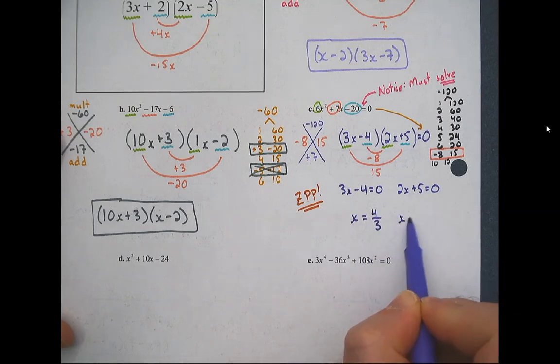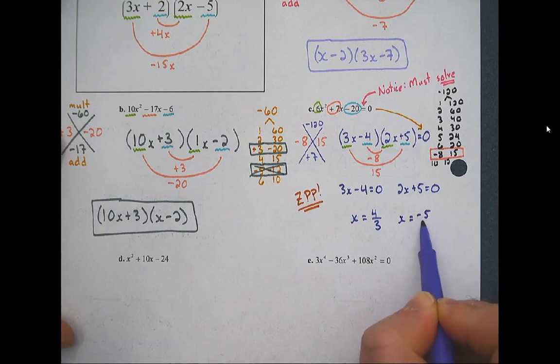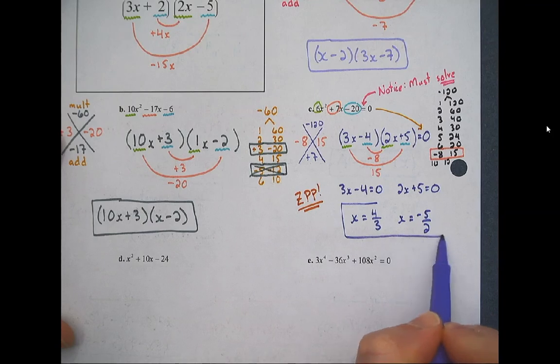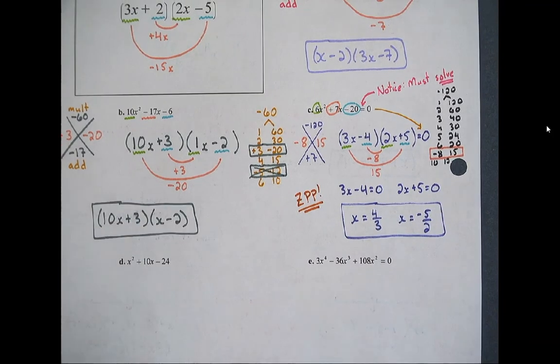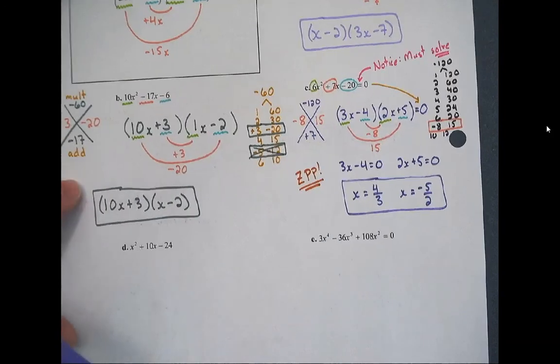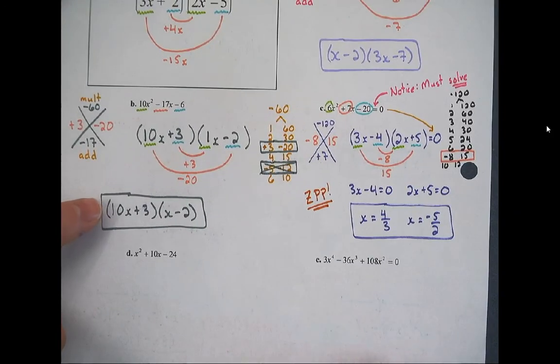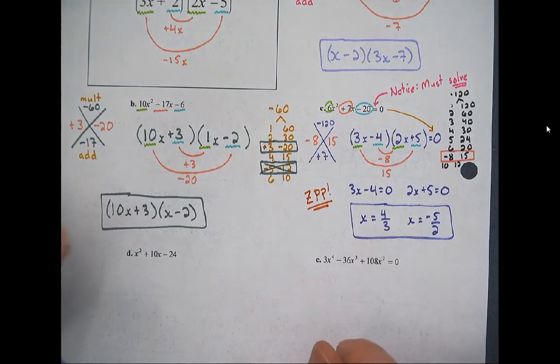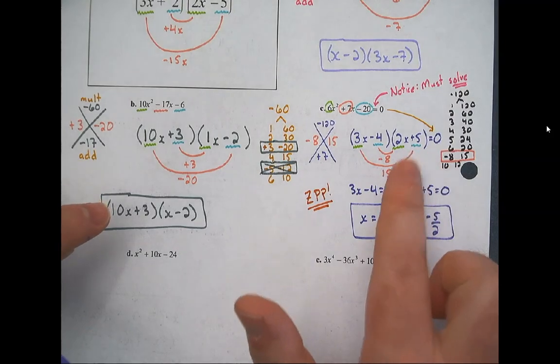Subtract the 5, divide by 2, I get negative 5/2. These are my solutions. You've got to be able to recognize when you're going to factor and when you've got to go that extra step in ZPP. I will take off points if you ZPP when you shouldn't, or if you don't solve when you should.